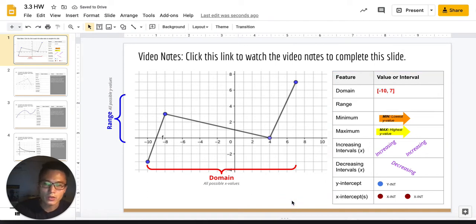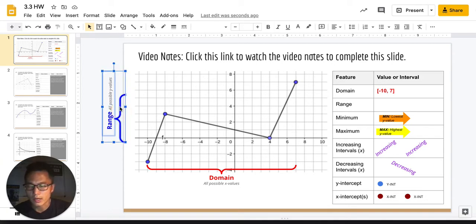Next is the range, and the range is all of the possible y values for the graph. So I'm going to look at the lowest possible point I see on the graph, that's right here. And then I'm also going to look at the highest possible point that I see on the graph, that's up here. I'm going to drag this so it matches up with those points.